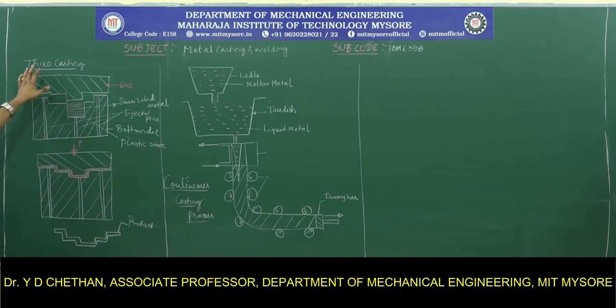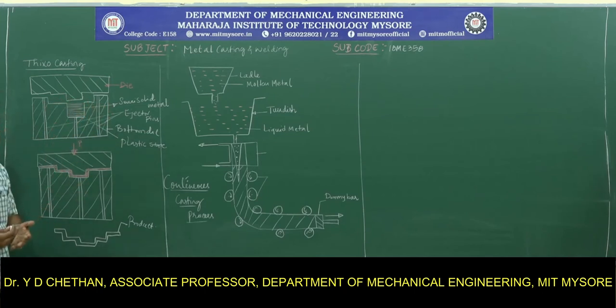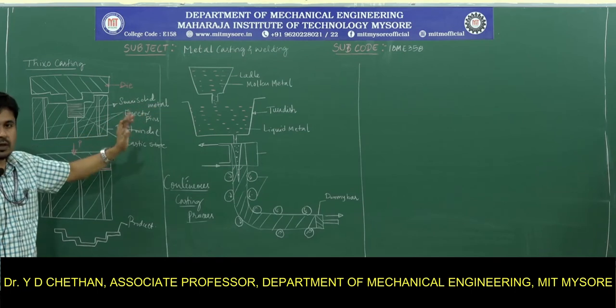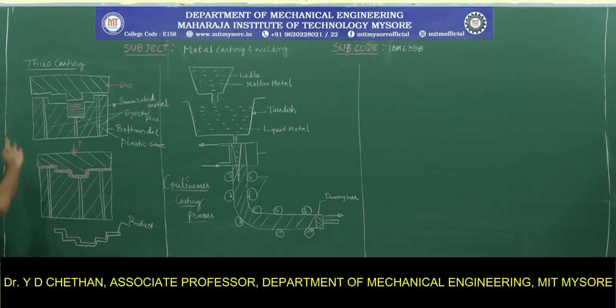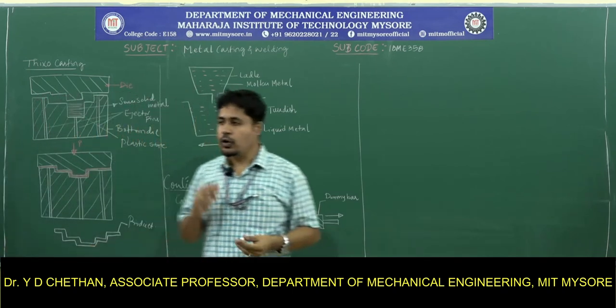That is the concept of Thixo casting. This casting is very similar to squeeze casting. The only difference is that the raw material is in the form of semi-solid metal, whereas in the previous case we were considering liquid molten metal.